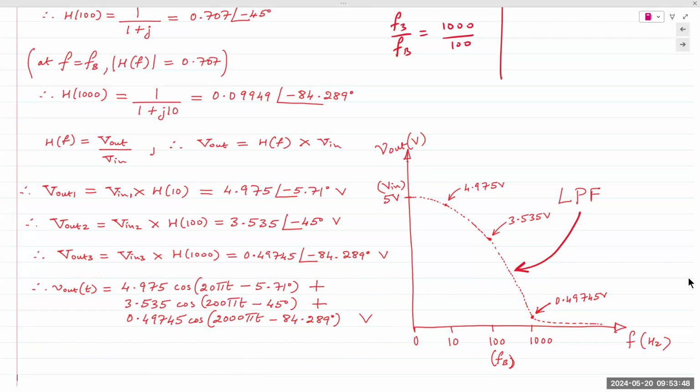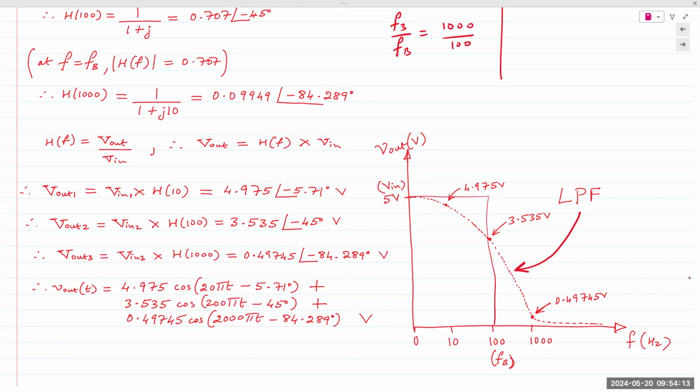An ideal filter, of course, would have a response that looks like this, straight down, right? Anything to the left should be allowed to pass through without any signal loss, meaning if it's a 5-volt signal, all 5 volts should appear at the output, and anything to the right should have a value of 0.